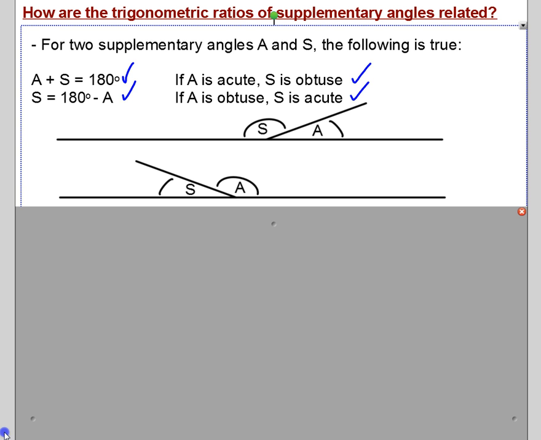So A isn't necessarily an acute angle. A is just an angle. S is a supplement. All those four things will always be true, and those two diagrams sort of visualize the two possibilities where A here is an acute angle and S is obtuse, or the opposite where A is obtuse and S is acute.